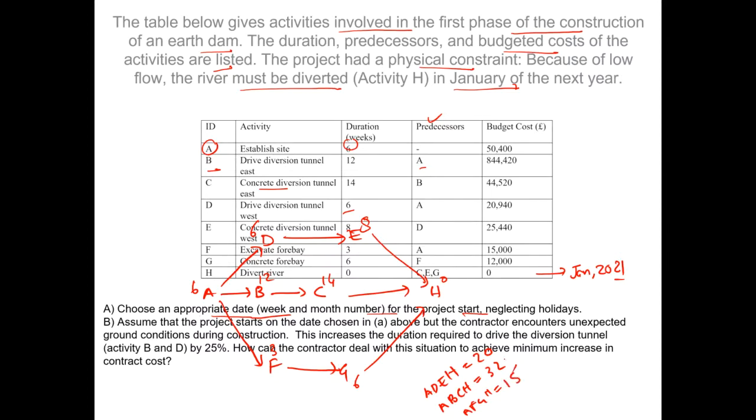Of these three, the longest path is the path in the middle, which is our critical path as well. So it is telling us that this project is going to take 32 weeks to complete. They have asked us, when shall we start the work on our project?